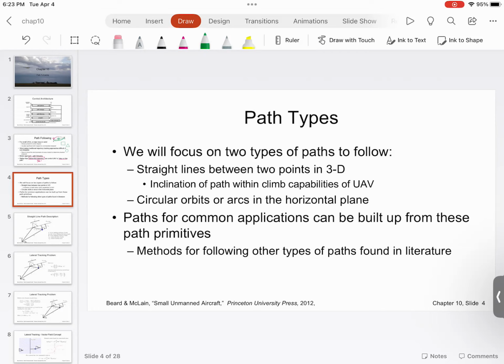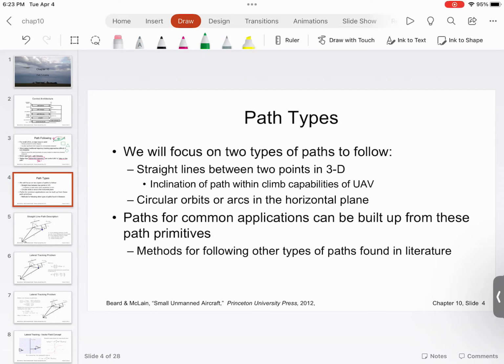Sharp turns are not possible for a UAV, especially fixed wing. Quadcopters you may be able to do it, but not fixed wings. So you need to understand the airframe limitations before you actually design the path.